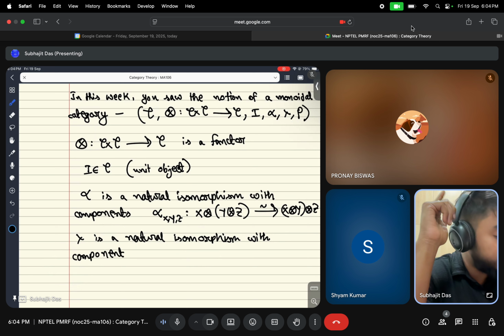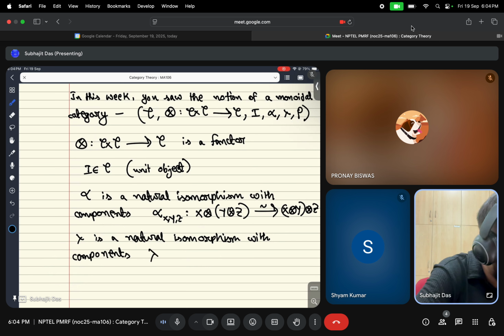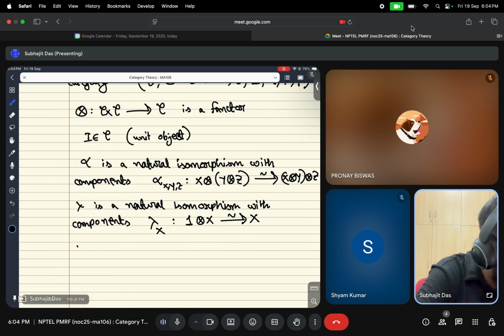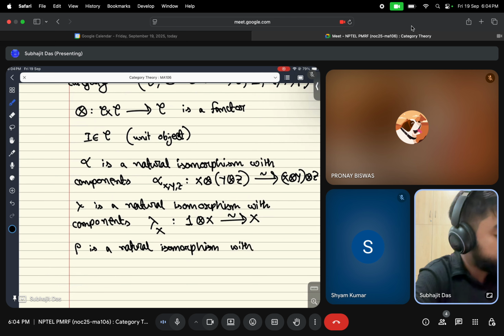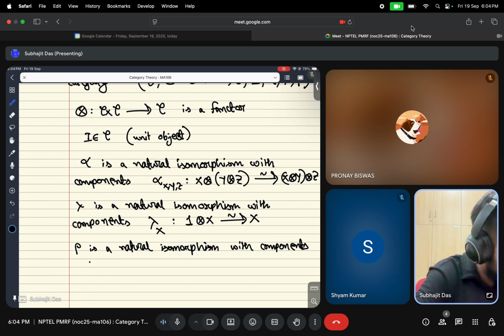So let me just write it with components lambda x from 1 tensored x to x, and rho is a natural isomorphism with components rho x from x tensored 1 to x.